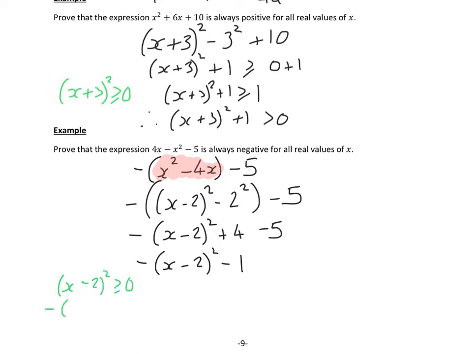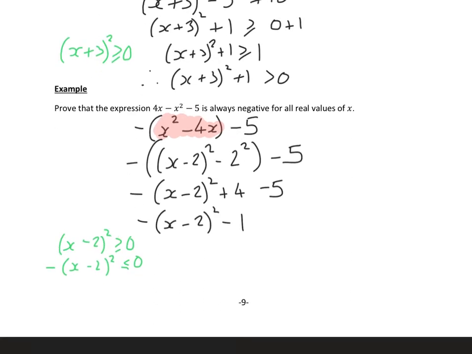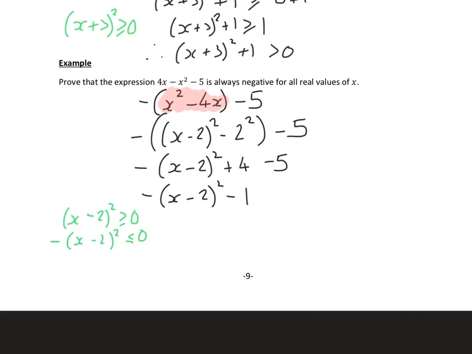So minus x minus 2 squared is always less than or equal to 0 because the sign flips. So therefore, if I take away 1 from that, minus x minus 2 squared minus 1 is less than or equal to minus 1, which definitely means that it's less than 0. If it's less than or equal to minus 1, it's less than 0, so it's always negative.